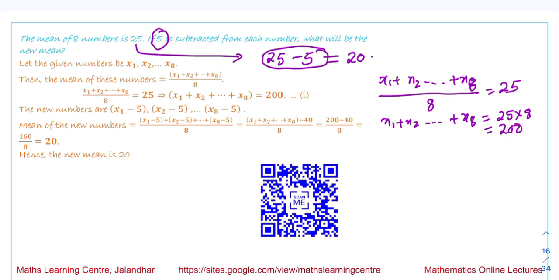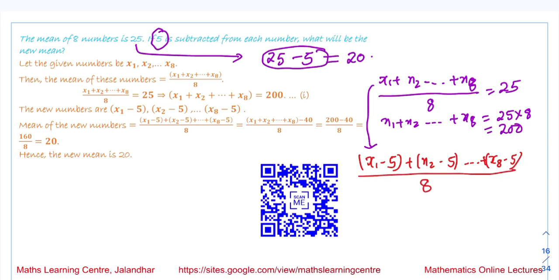Now if 5 is subtracted from each number, the new mean that we have to calculate is x1 minus 5, x2 minus 5 so on up to plus x8 minus 5. The total numbers is 8. So it is x1 plus x2 so on up to plus x8 minus 8 times 5, over 8. We have to calculate this value.